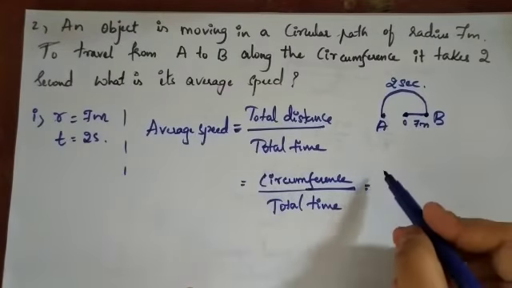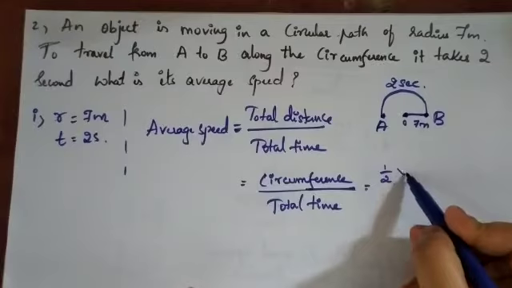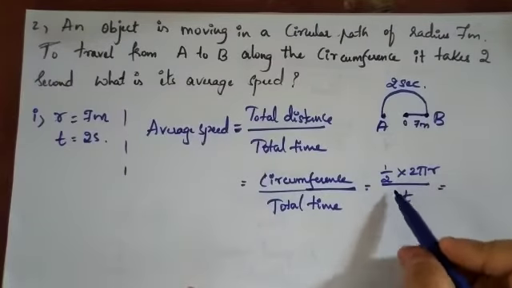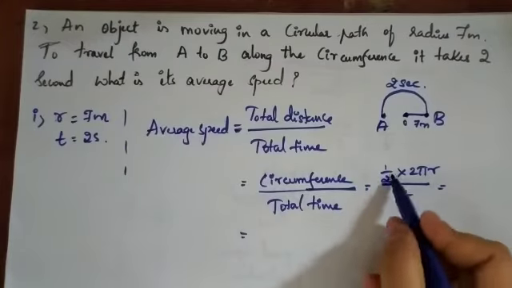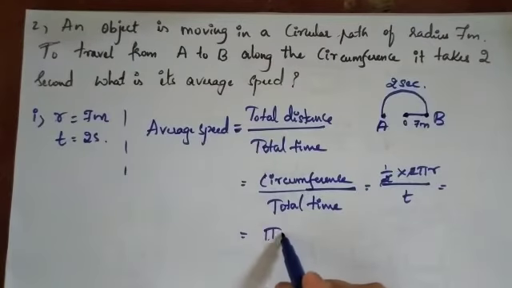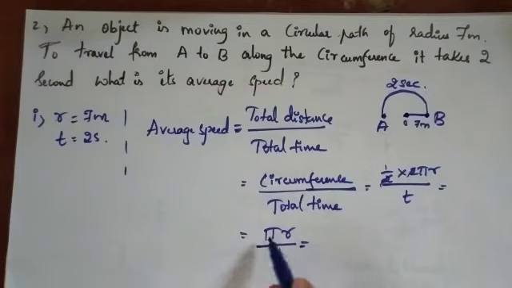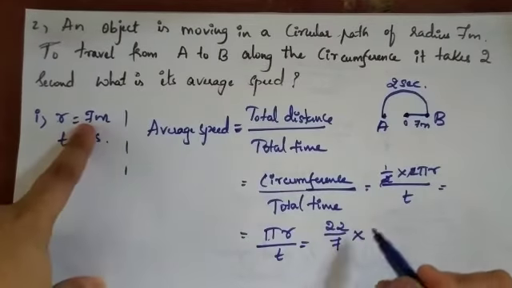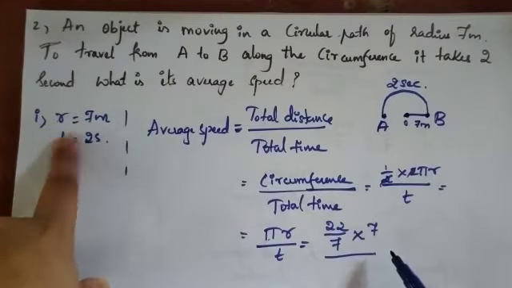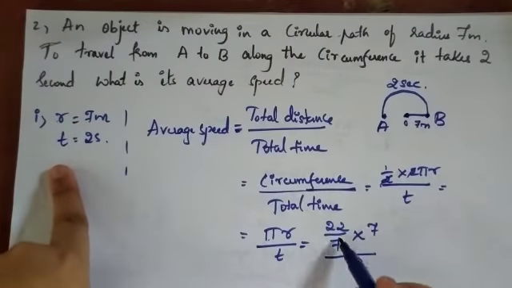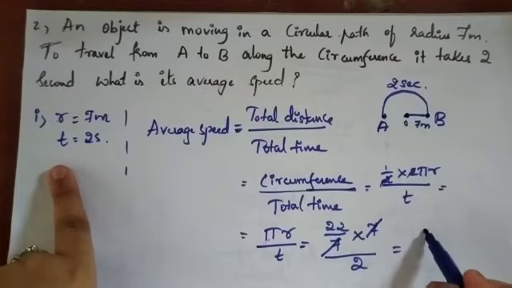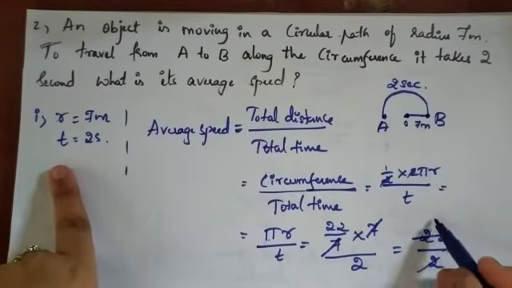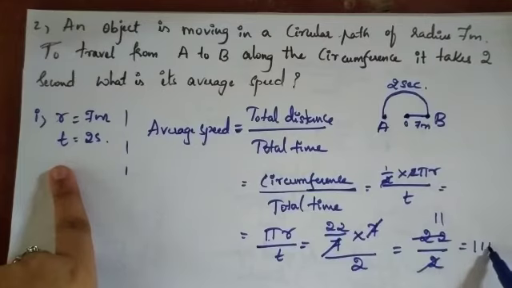So half of the circle means 1 by 2 into 2 pi r, divided by total time taken. The 2 gets cancelled, so it becomes pi r divided by t. Pi is 22 divided by 7, r is 7 meter, time is 2 seconds. The 7 and 7 cancel, so it becomes 22 divided by 2, which is 11 meter per second.